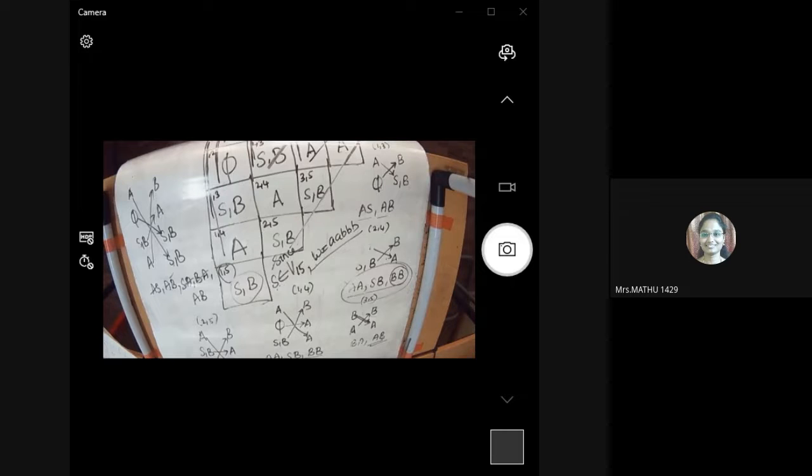We have seen how to do removal of unit productions, then useless symbols. Then we have studied nullable variables, or lambda productions, removing lambda productions, right? So for all these things, check what the definitions are and how to do them.